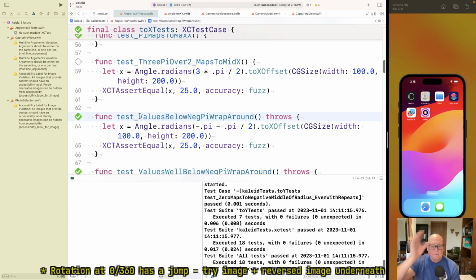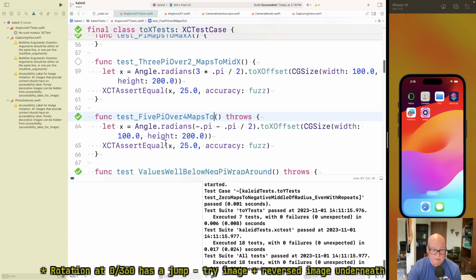Okay. And then three pi over 2. That's the halfway. Let's get pi plus half, 3/4 pi, 5 pi over 4. Maps to, okay, so 5 pi over 4 is pi and then comes back halfway.